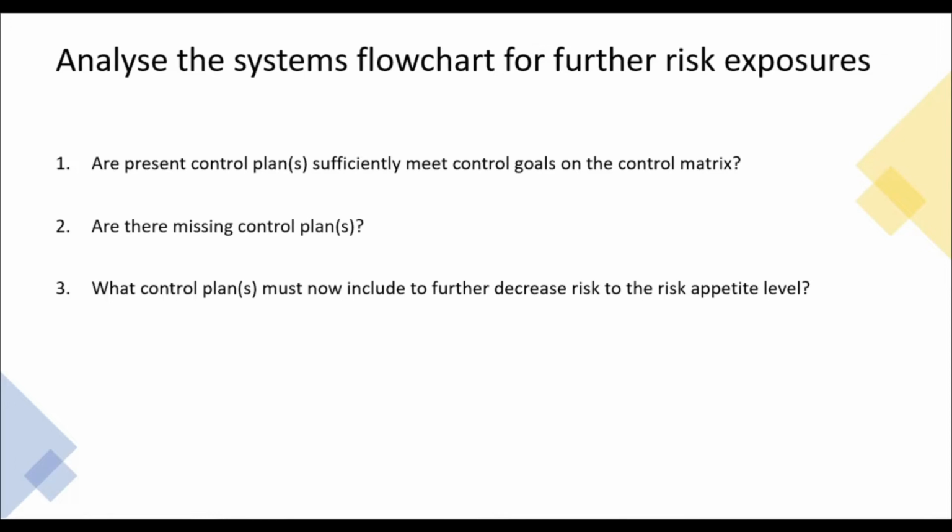Do these present control plans sufficiently meet the control goals or the control matrix? Are there missing control plans? What controls must now be included to further decrease the risk to the risk appetite level of the enterprise?